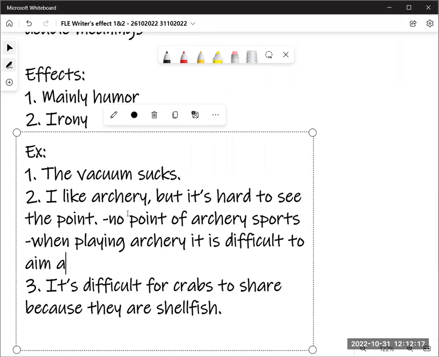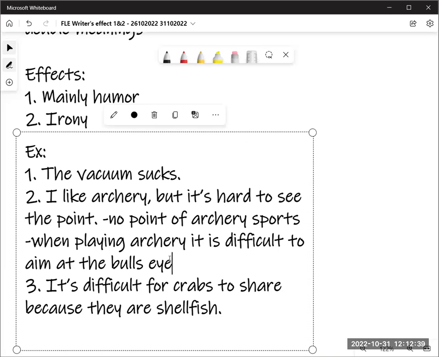So read the two meanings. I like archery, but it's hard to see the point. Example, explanation. No point of archery sports. Second example, when playing archery, it is difficult to aim at the bullseye.